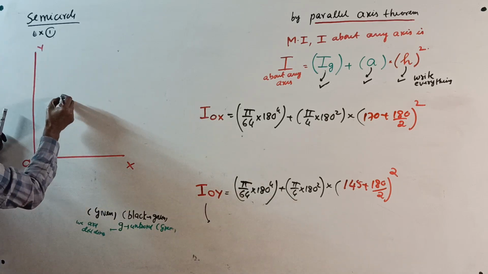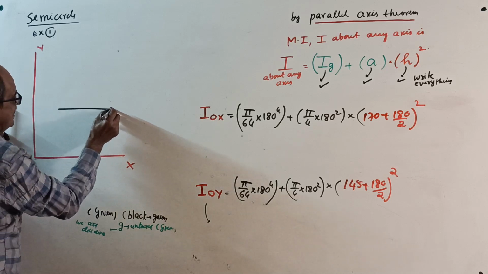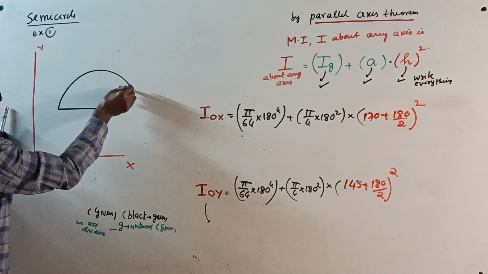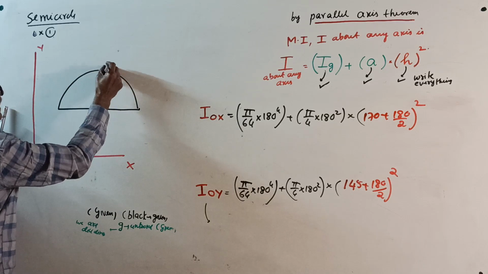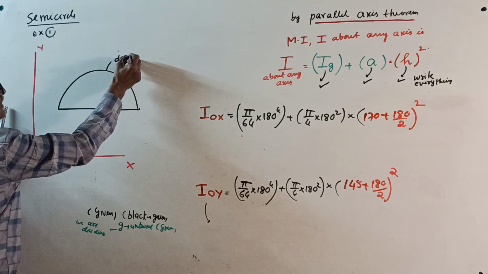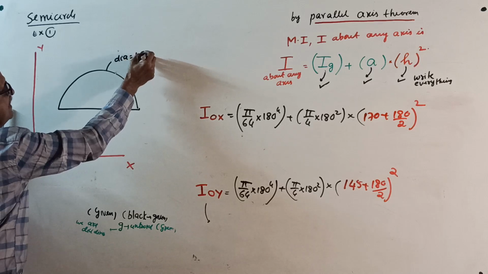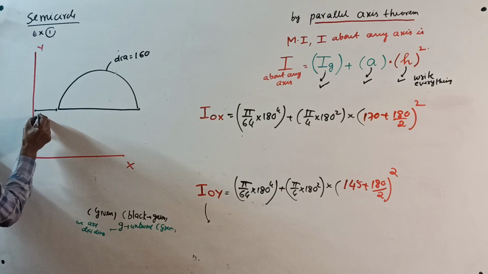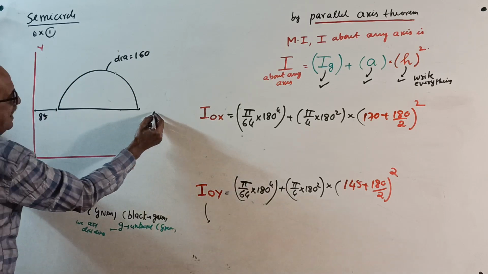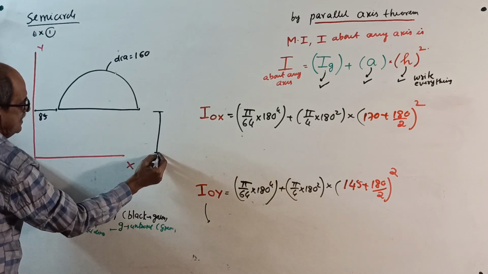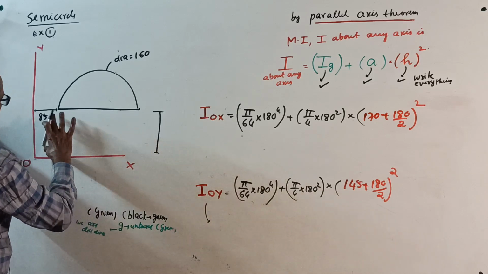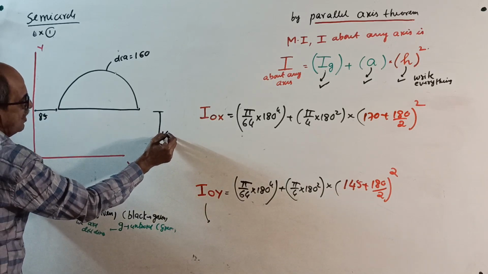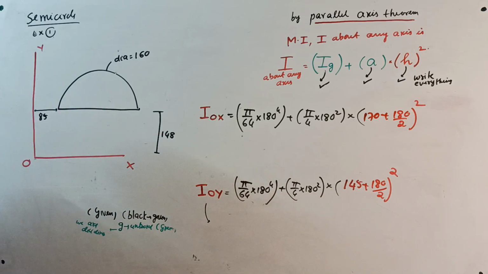There is a semicircle here, this way. The diameter given in the question is 160. This distance is 85, and this distance given is 85. This is 85, little bigger, 148. Okay, this is the question.